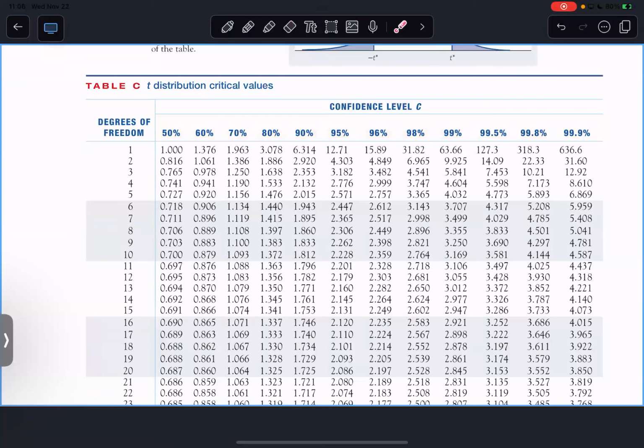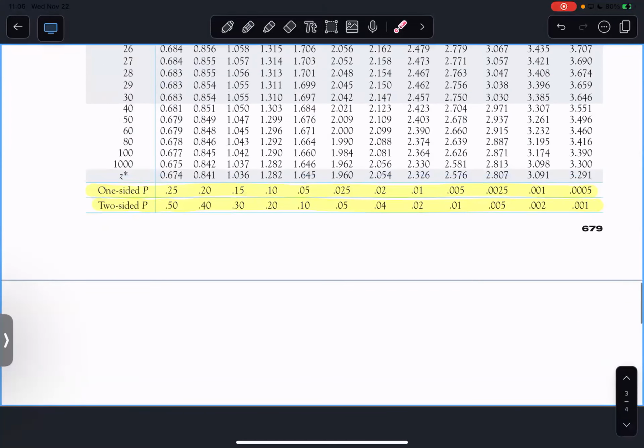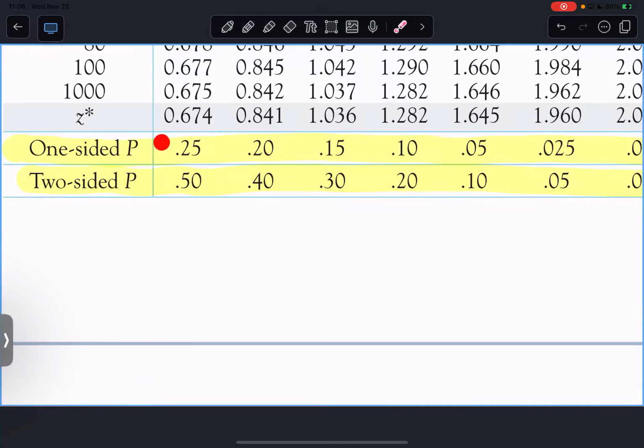All these degrees of freedom are on the left-hand side. And down at the bottom, it gives us the one-sided p-value or the two-sided p-value. But notice you don't really need that last line because it's just the one-sided p times 2, right? Just like we were doing for z's.